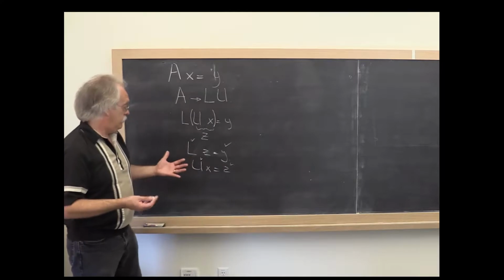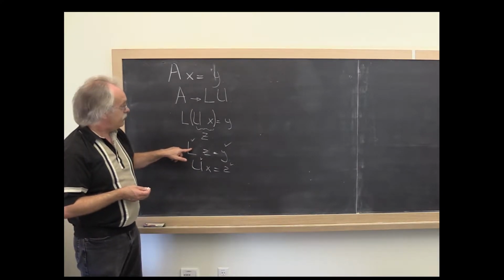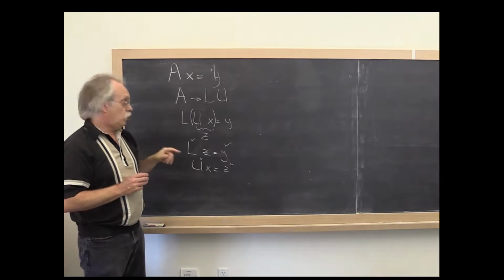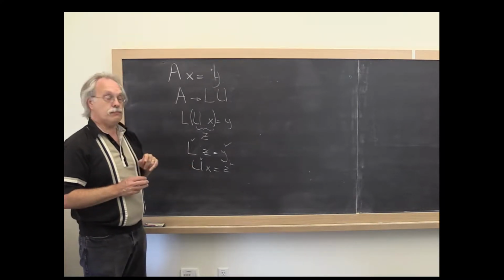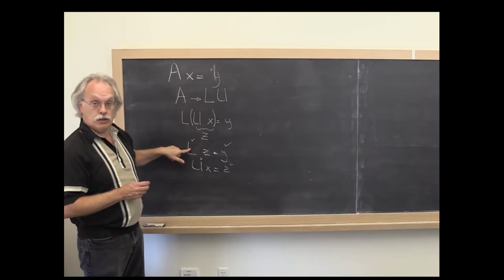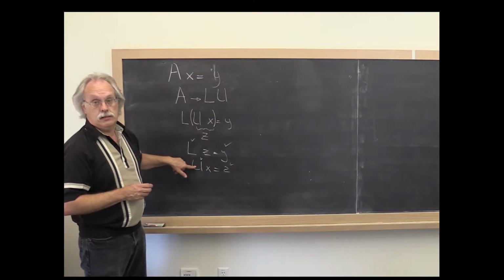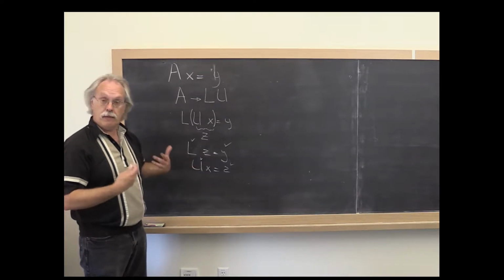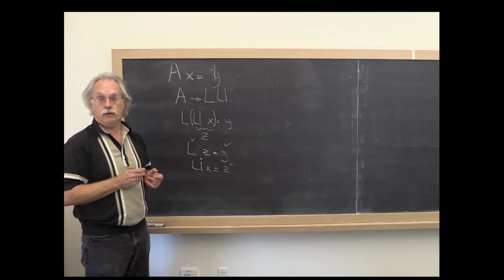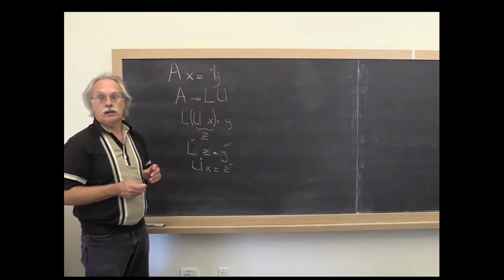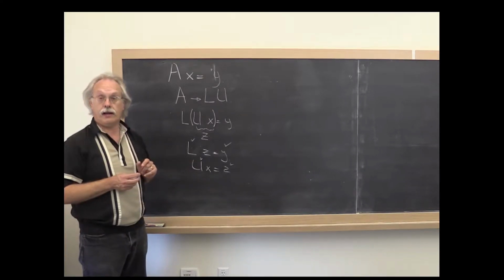So what's the point? The point is that in order to do something useful with the LU factorization, we should also derive algorithms for solving with a unit lower triangular matrix and an upper triangular matrix. Now, if you manage to come up with algorithms for computing the LU factorization, you can probably come up with algorithms for computing the solution to triangular systems.